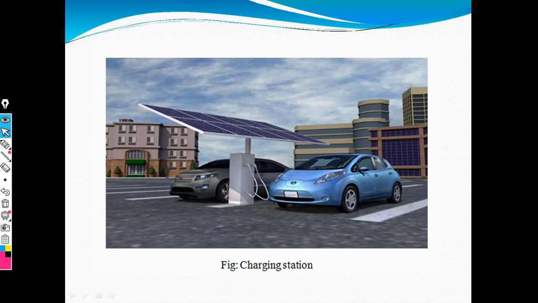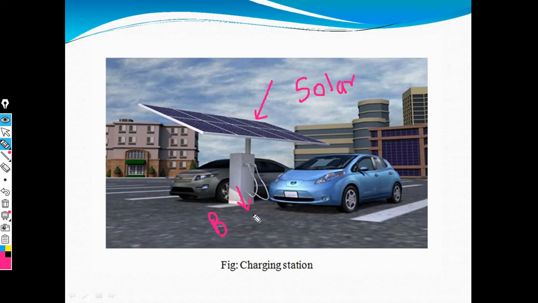Okay, now this is the charging station, in which we use a solar panel. This solar panel converts solar energy into electrical energy in the form of DC, and this is the inverter, and we also use a battery.